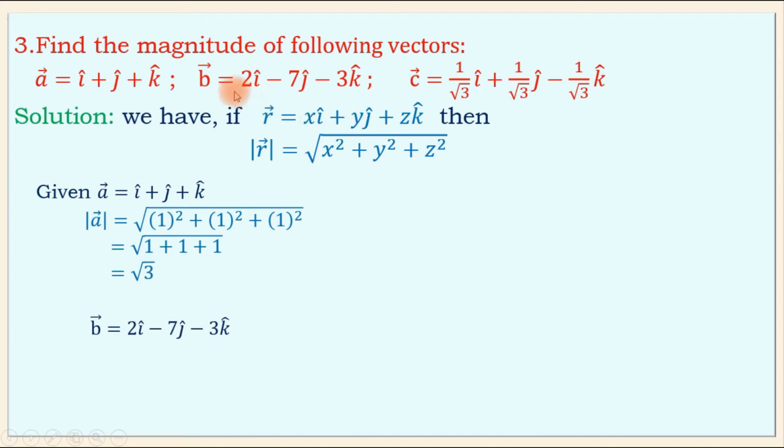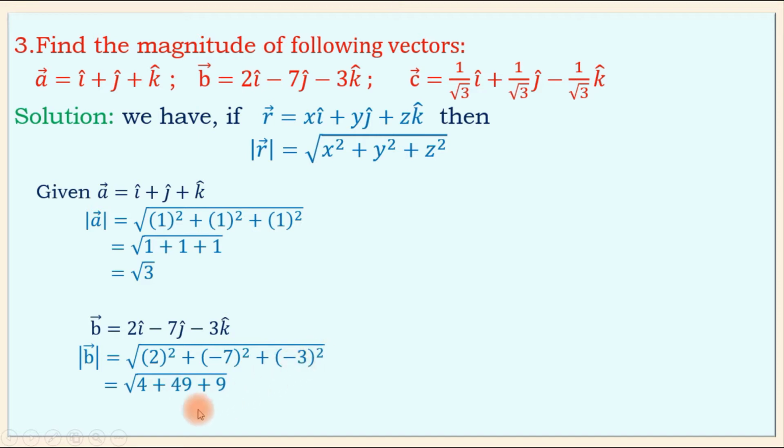Next, given b vector equals 2i cap minus 7j cap minus 3k cap, hence its magnitude is root of 2 square plus minus 7 whole square plus minus 3 whole square, that is square root of 4 plus minus 7 whole square is 49 plus minus 3 whole square is 9. Hence magnitude of vector b equals root 62.